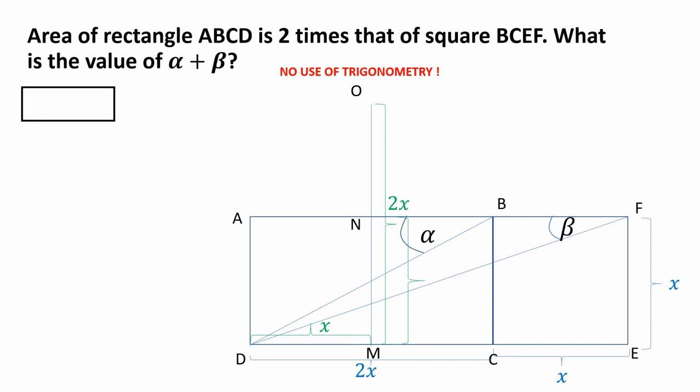So NM will be simply equal to x. What about the length of ON? Well, we know that OM as a whole is 2x by construction, and NM is x, so that makes the length of ON equal to x.